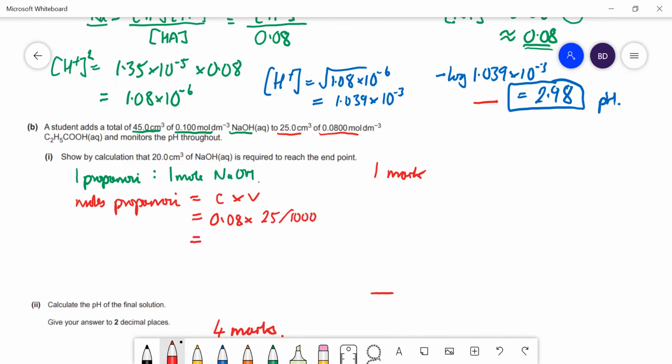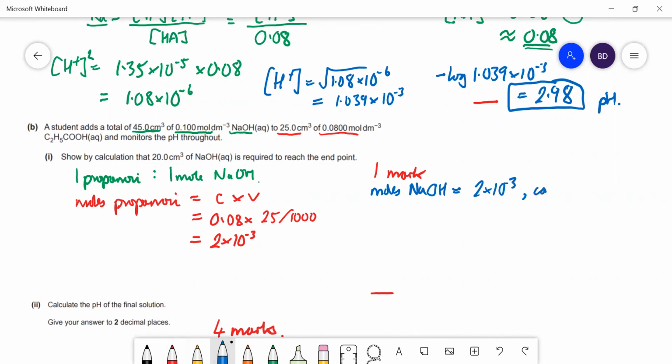That is equal to 2 times 10 to the minus 3 moles. Now, how many moles of NaOH do we need to react with that? Well, we need the same moles, because it's a 1-to-1 ratio. Moles of NaOH is equal to 2 times 10 to the minus 3.